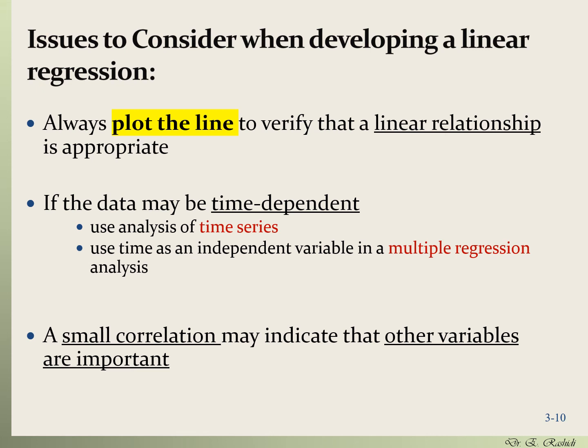So if you develop your linear regression model and find the correlation coefficient R and its value is small, that's an indication that the model is not as strong, or the relationship between the two variables you have considered is not as strong, or that there could be some other variable or factor that you haven't considered in your model.